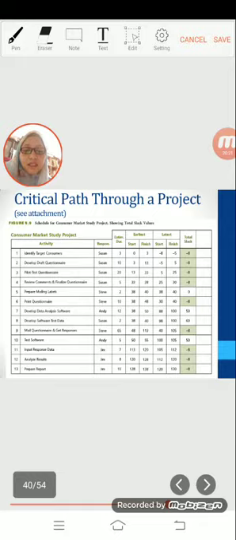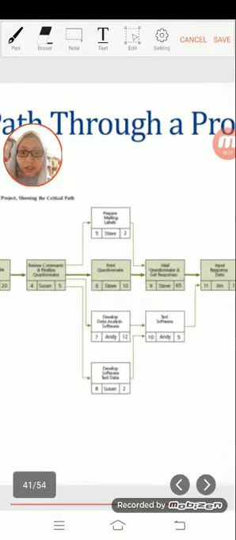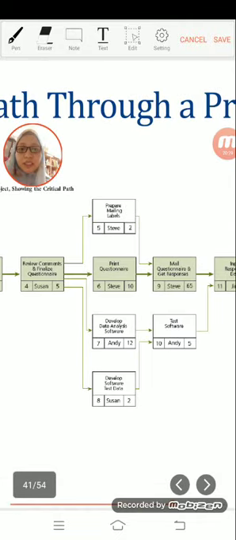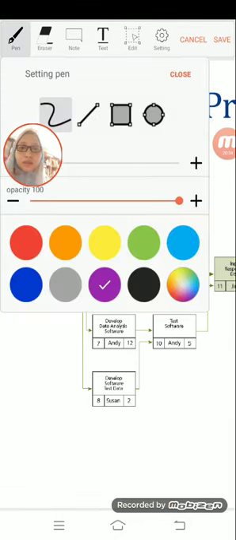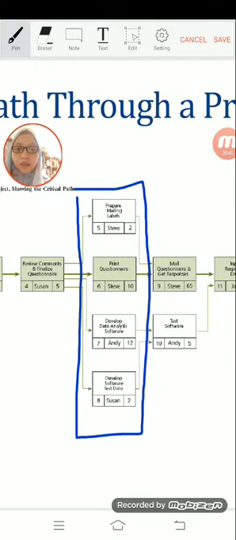Okay, the reason is, we can see here, let's say from this 4 activity, why only activity 6 is in the critical path?